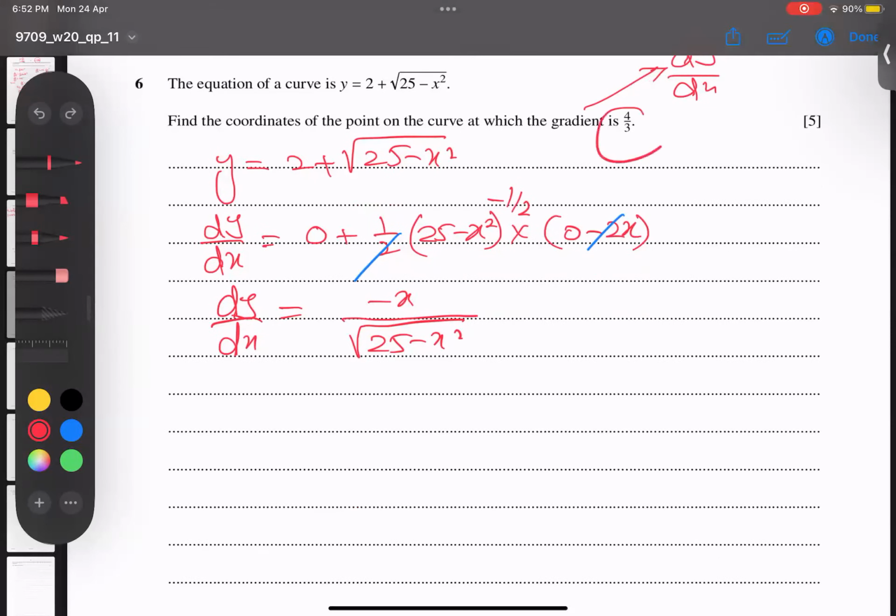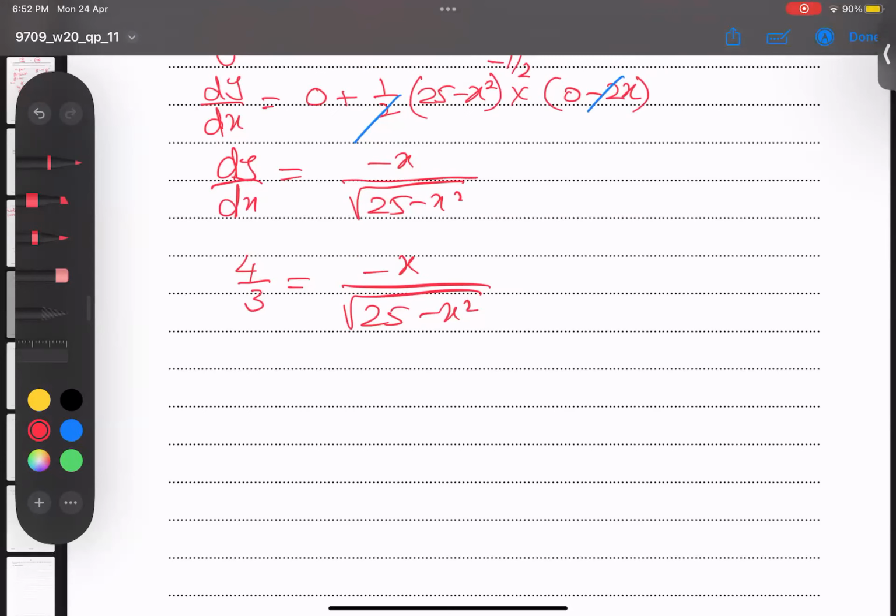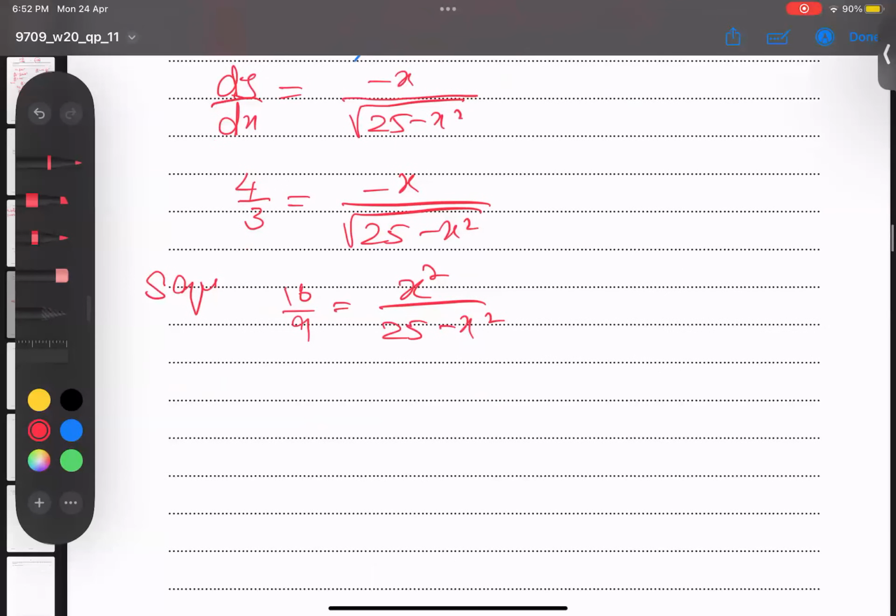Now I'm plugging 4/3 in the place of the derivative, so 4/3 equals minus x over root of 25 minus x squared. First of all, squaring the whole thing, I got 16/9. The square of this becomes plus x square, and the square of this means 25 minus x square. Cross multiply.